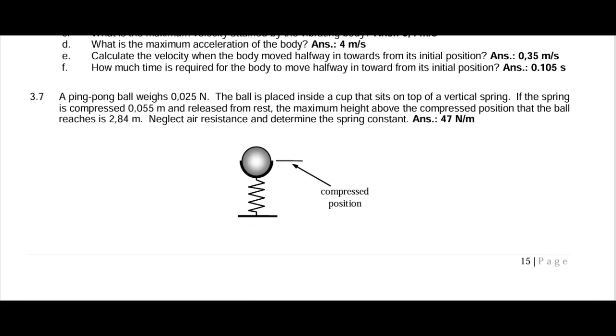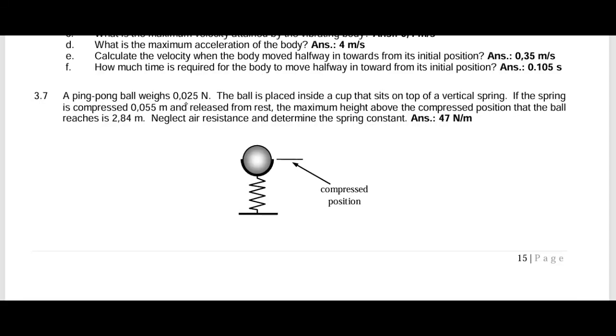So 3.7 says a ping pong ball weighs 0.025 Newton. So the ball is placed inside a cup that sits on top of a vertical spring. So if the spring is compressed 0.055 meter and released from rest, so here the point is, you have been told that the spring has been released from rest.